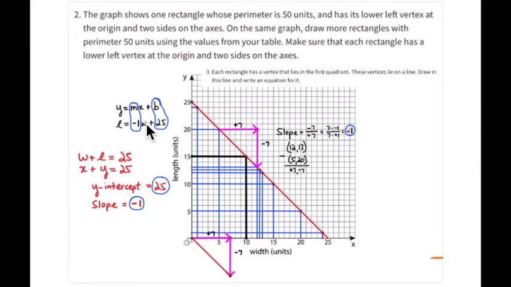And we have looked at this form before. So we started here, width plus length equals 25 units. And so if you change the width to x and the length to y, x plus y equals 25. So the y-intercept equals 25, and the slope equals -1.